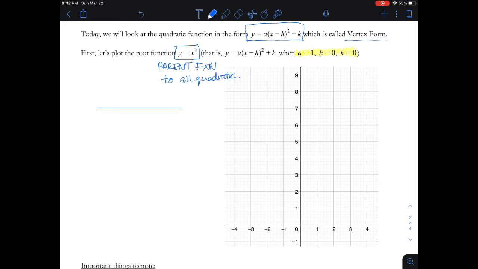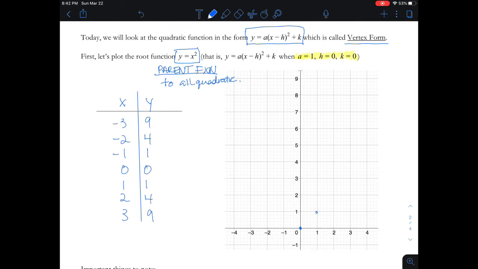I'm just going to use a table of values. And typically what you want to do is take a few values before 0 and a few values after 0 for any parent function. So when I square -3, I get 9, 4, 1, 0, 1, 4, 9. And then I'm going to plot it here.